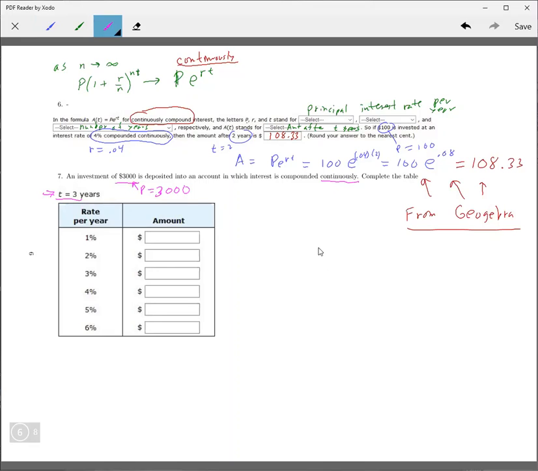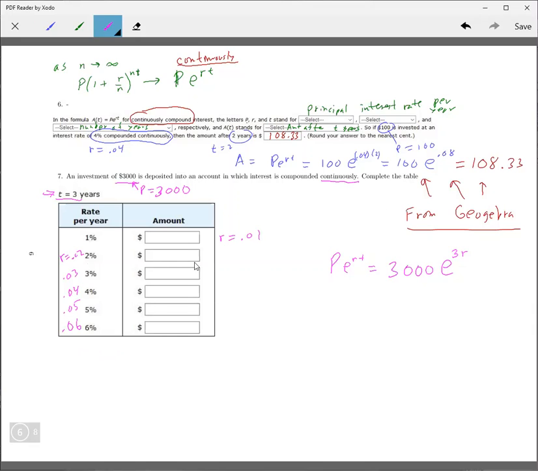When we look at the formula, we'll put 3,000 in for P and 3 for T, so there's our formula, 3,000 e to the 3R. This one, R will be 0.01. This one, R will be 0.02. This one will be 0.03, that's going to be 0.04, and so on.